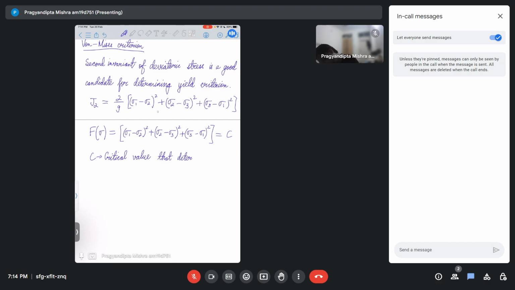Okay, so this is the critical value that determines yielding.